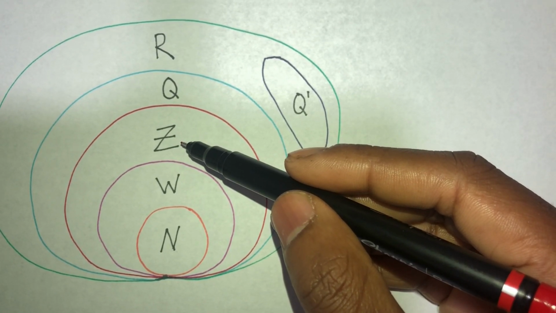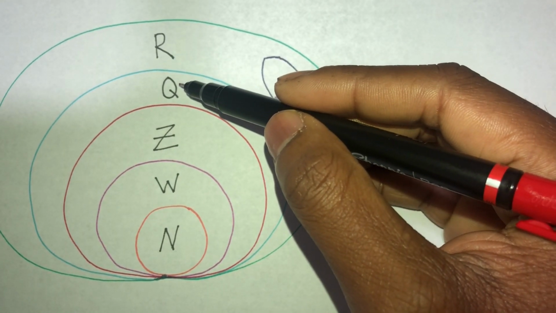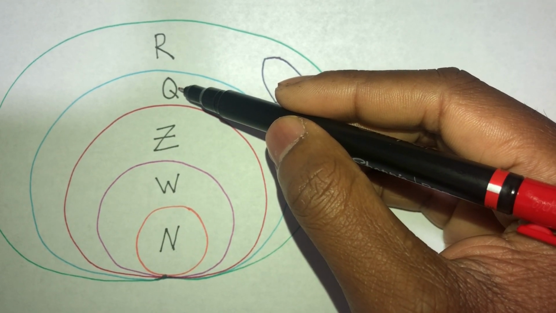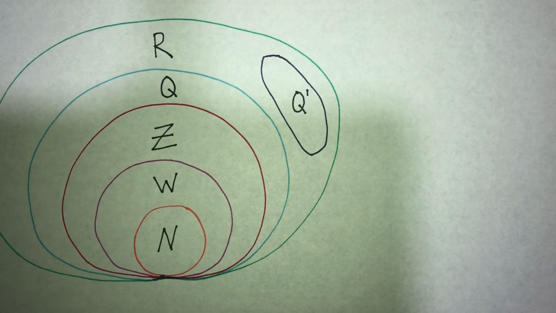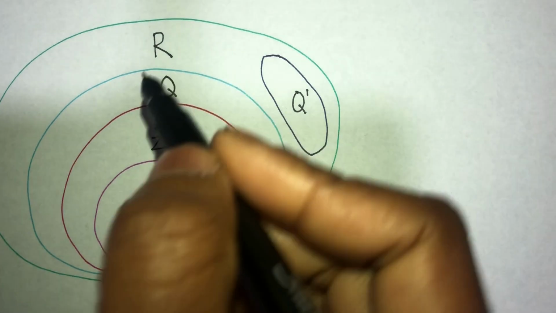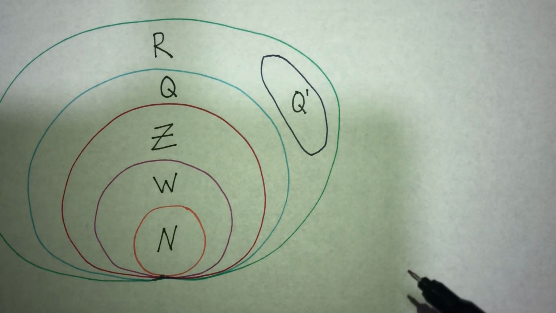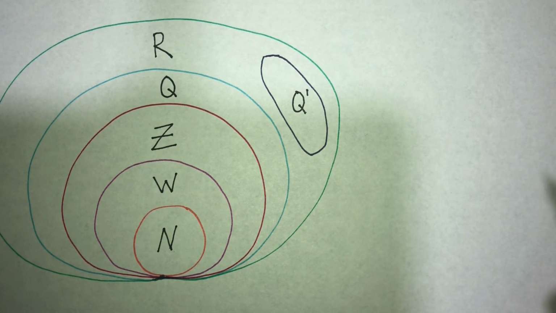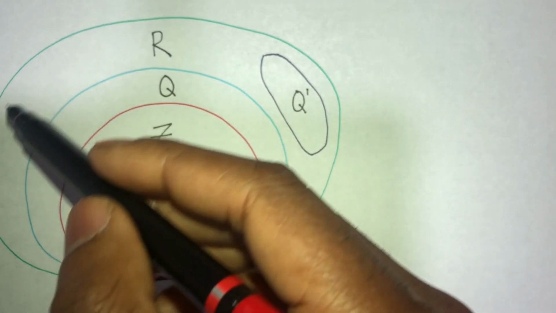It is a positive integer. 2 is also a rational number because it can be written in the form p over q, where p and q are both integers. So 2 can be written as 2 over 1, 2 over 3, 2 over 4, 2 over 7, etc. The number 2 is also a real number.